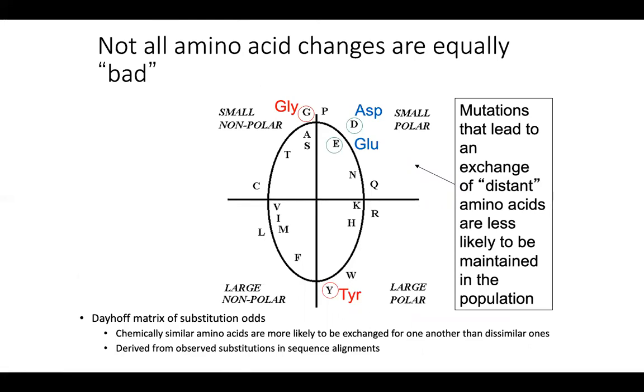What she and her colleagues did was to compare known sequences of proteins and look at how likely it was that protein sequences would change between different organisms. And the important thing here is they did not look at mutant or harmful mutations in proteins, but they looked at accepted mutations, or mutations that were accepted by evolution.